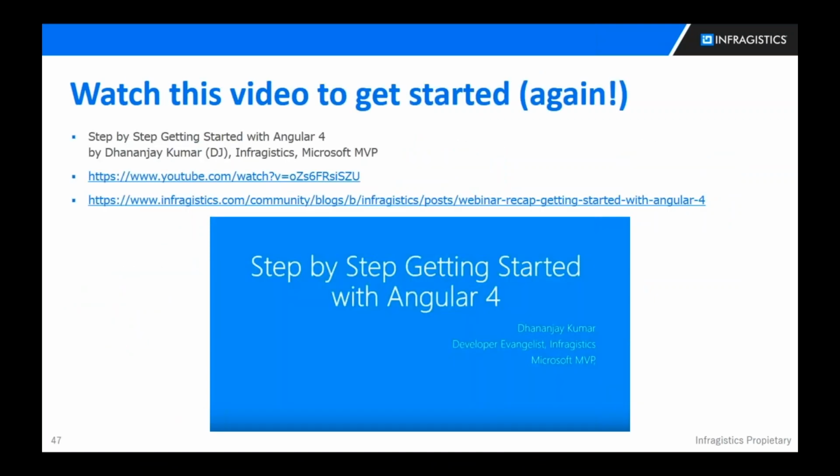Again, I went very quickly through the concepts of Angular. If you want to learn more, I really recommend that you watch this video and also the blogs. We have actually posted a lot of detailed Angular posts. So if you have encountered any problems, you may find answers there.